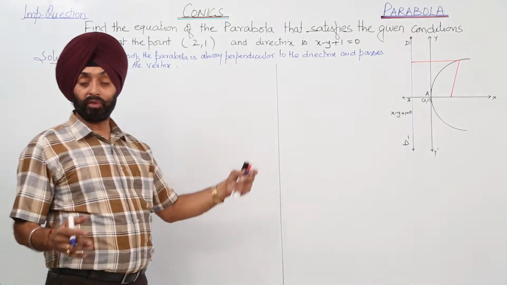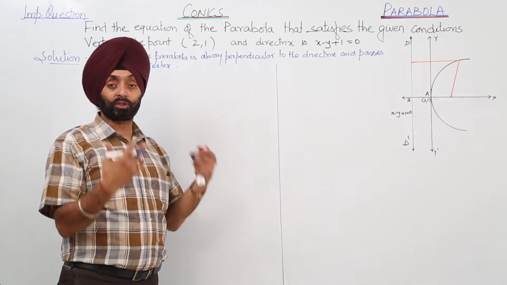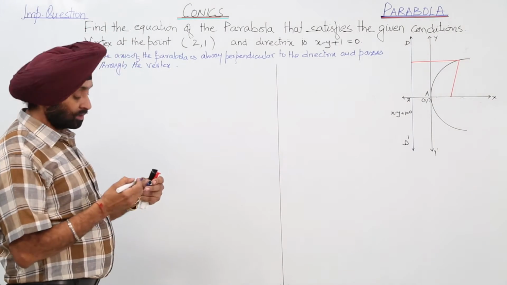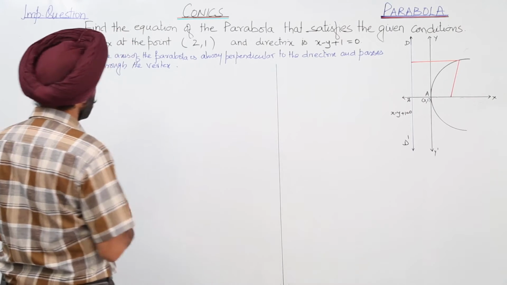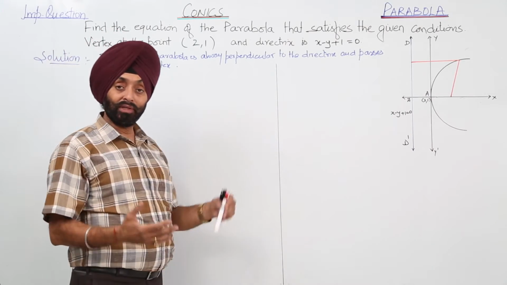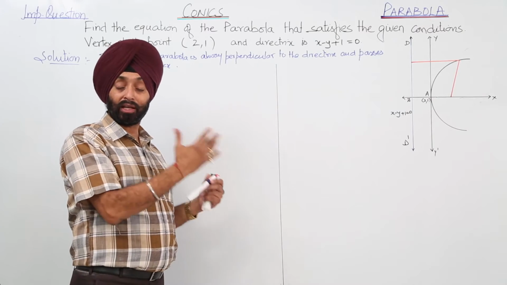This is a very simple thing which we have done many times. I have explained to you that the axis is always perpendicular to the directrix, and the axis passes through the vertex, and a line passing through the vertex is called the axis, parallel to the axis, sorry.